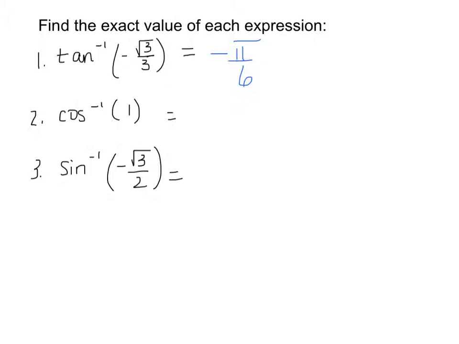And then cosine inverse of 1 would be 0. And then sine inverse of negative square root of 3 over 2 would be negative pi over 3. And then that's how you do them. That's it for this section.